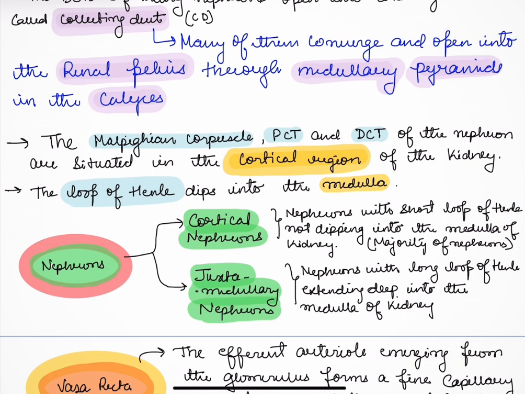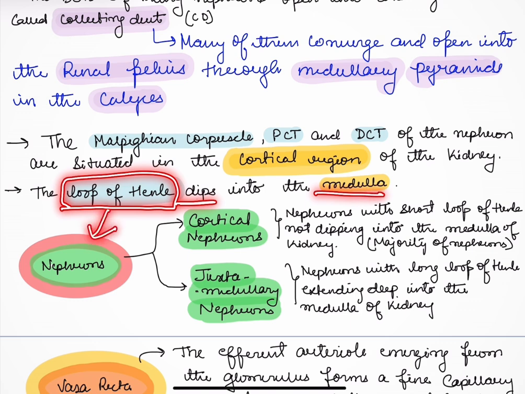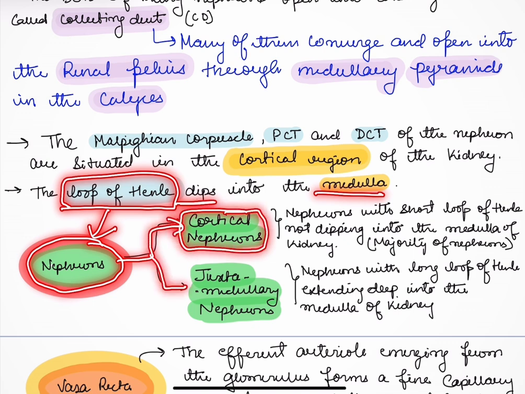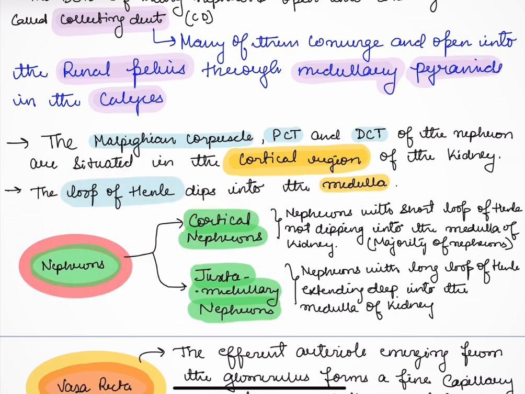So on the basis of whether the loop of Henle is extending into the medullary region or not, the nephrons can be classified into two categories, that is the cortical nephrons and the juxtamedullary nephrons. So the cortical nephrons are those that have a short Henle's loop which do not dip into the medullary region of the kidney, and the majority of the nephrons are cortical nephrons only.